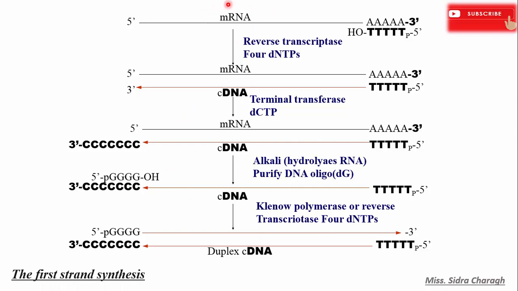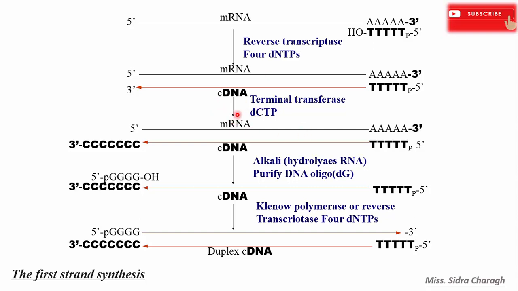First strand cDNA synthesis using messenger RNA template, and this reaction is catalyzed by reverse transcriptase and 4 dNTPs. Reverse transcriptase requires this primer to extend on the cDNA strand, and this reaction leads to the formation of a hybrid between messenger RNA and cDNA.